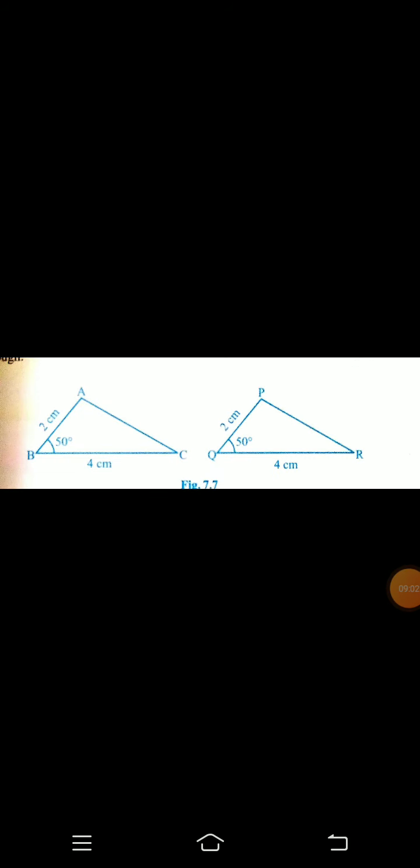Now refer to this example. Here triangle ABC and triangle PQR are shown. AB and PQ are of 2 cm, BC and QR are of 4 cm, angle B and angle Q are of 50 degrees. What does this mean? Here we have one pair of angles the same, which is congruent, and two pairs of sides the same, exact, which means they are congruent.